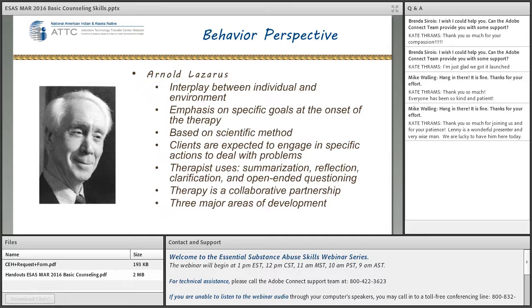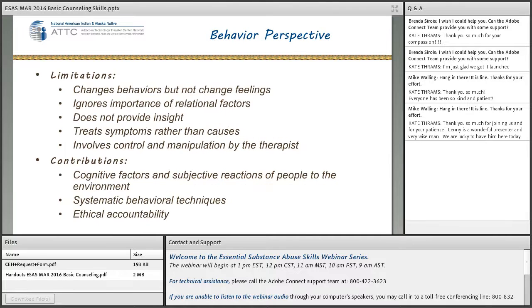The final product of Arnold Lazarus' approach to psychotherapy is called multimodal therapy and shares many of its assumptions and theorizing with rational emotive behavioral therapy. As always, we'll talk about the limitations and contributions.